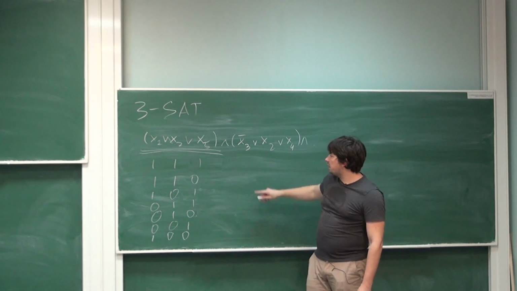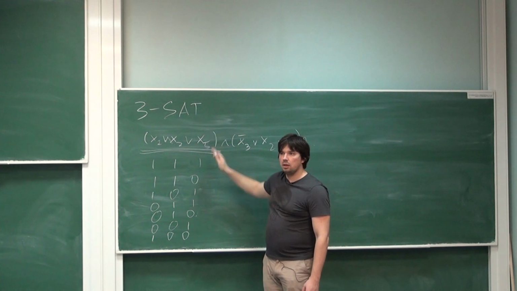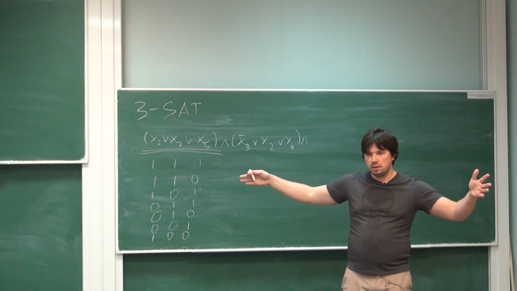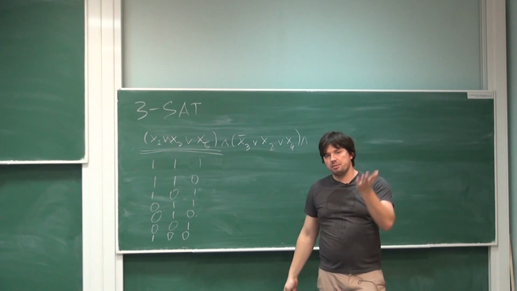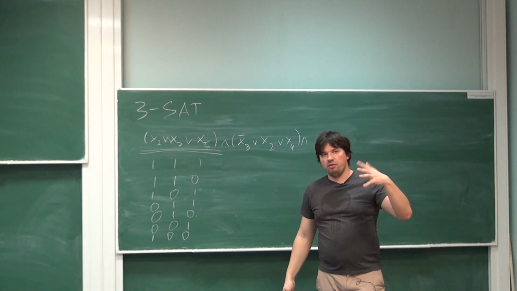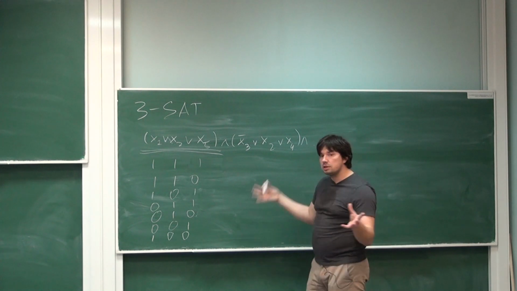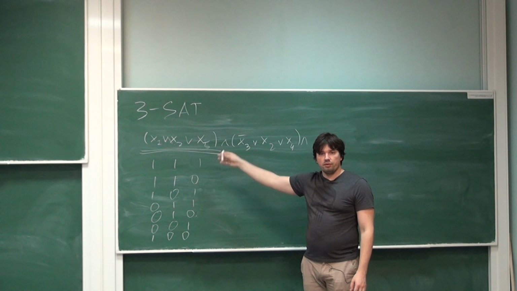Because after we assign values to those 3, all the clauses will already have at least 1 variable substituted for some value. So it will reduce to a 2-SAT formula at most, and we already know how to solve them.